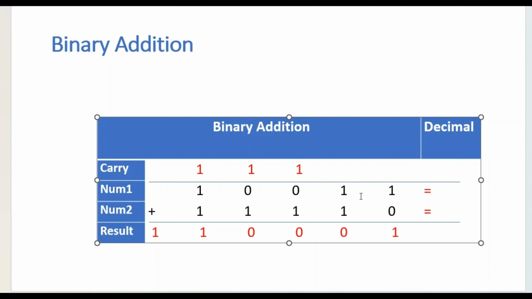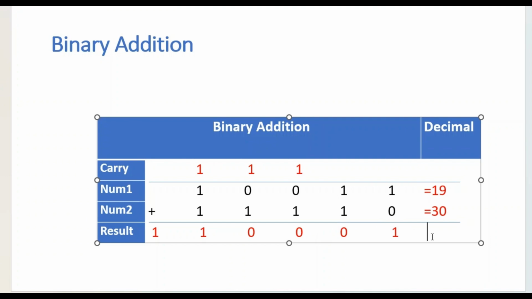So this number is 16 plus 3 is 19, and the second number is 16 plus 8, 24, 24 plus 4, 28, and 2, 30.